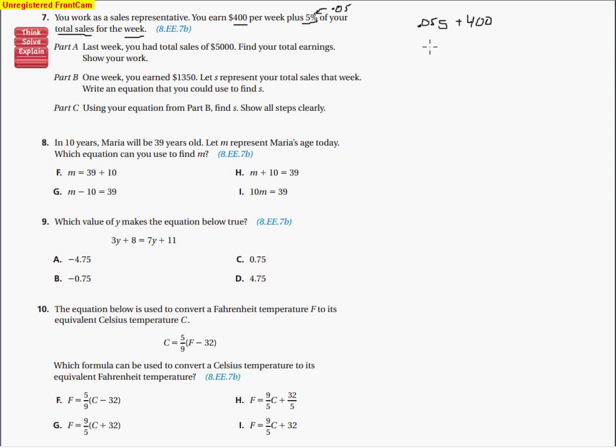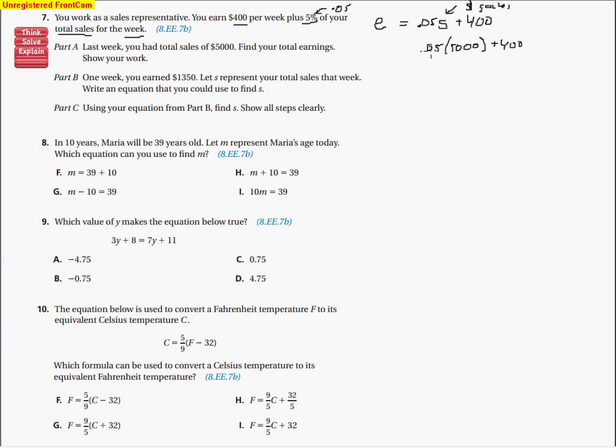And show your work. Okay, so here's my formula. So this is going to stand for earnings here, and S stands for the dollar amount of the sales. So let's change that real quick. So I've got the amount of sales in dollars. And so let's go ahead and substitute that in, 0.05 times 5,000, and then plus the 400.